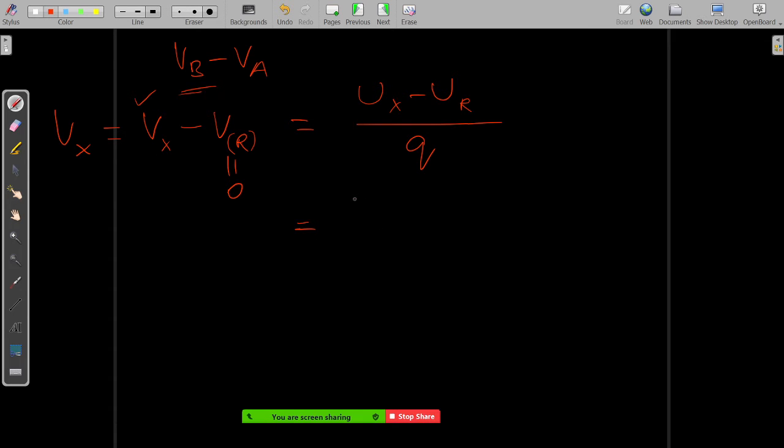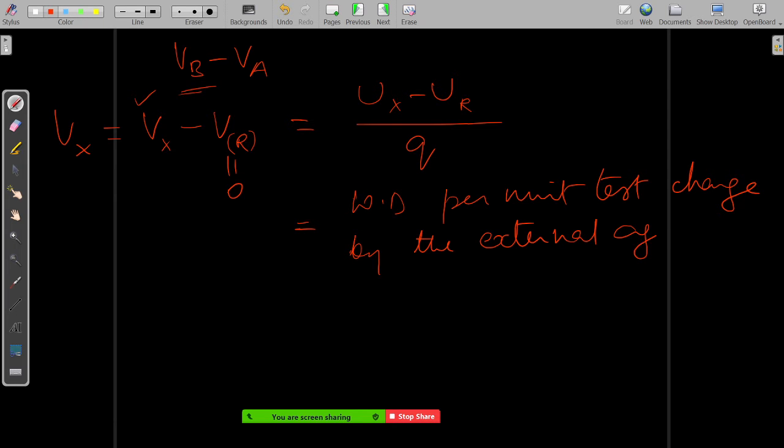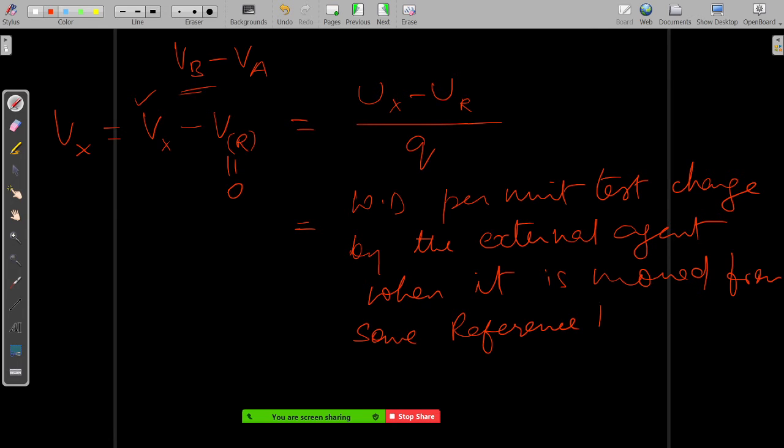The potential will be defined as the work done per unit test charge by the external agent when it is moved from some reference point to your concerned point. Again, you can write it that without changing the kinetic energy.